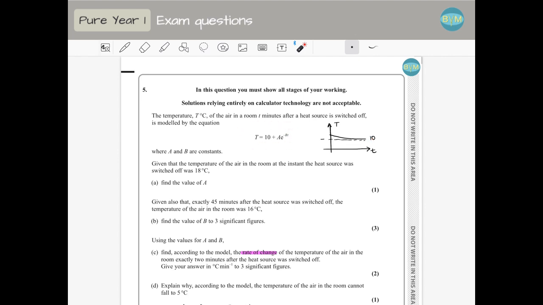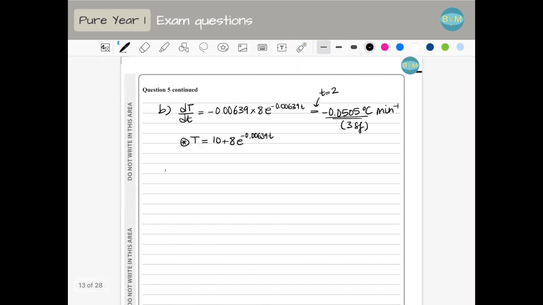So just looking at the model, you can say the minimum temperature will be 10 Celsius, because when t tends to infinity, when t increases and increases, because of the negative, this is decreasing and decreasing. So this tends to 0, so the temperature is going to be 10.